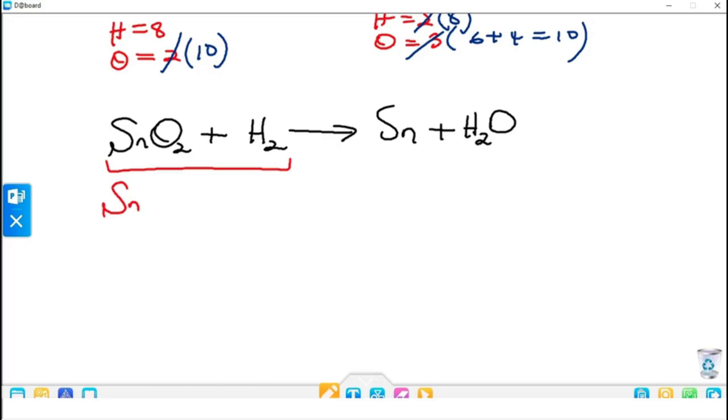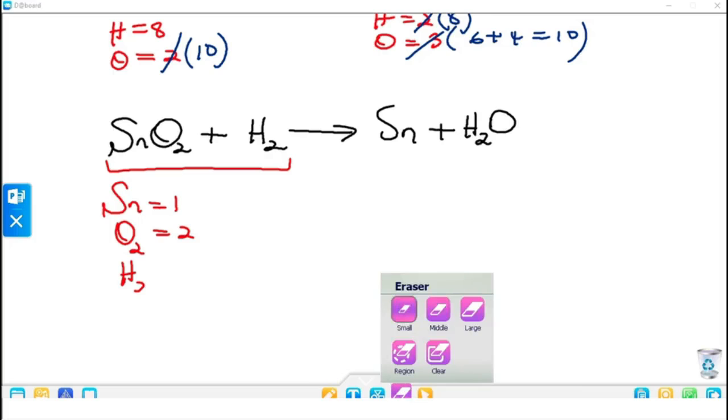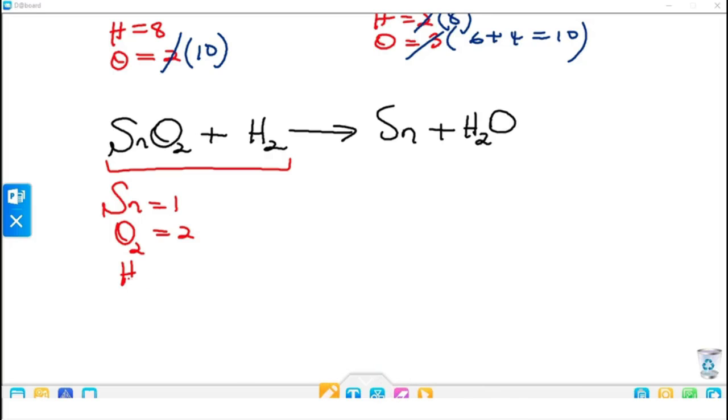Tin is 1 at the left, oxygen is 2 at the left, hydrogen is 2 also at the left. So we are done with that.